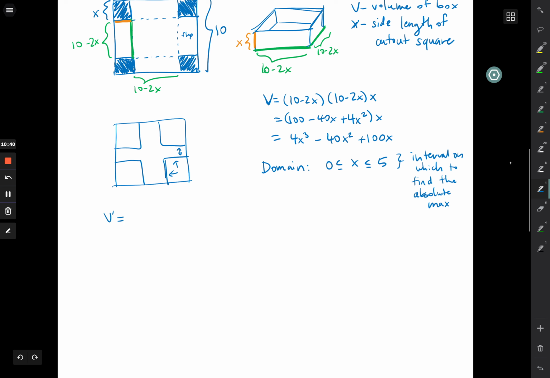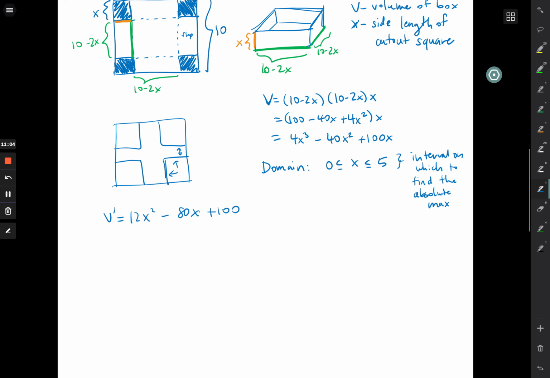To find those, we take the derivative of V, and this will just be the power rule. That will be 12x squared minus 80x plus 100. And to find the zeros of this, we're going to want to factor it.